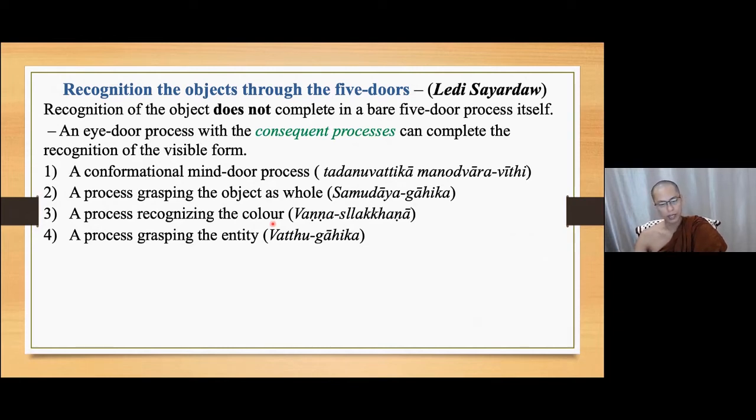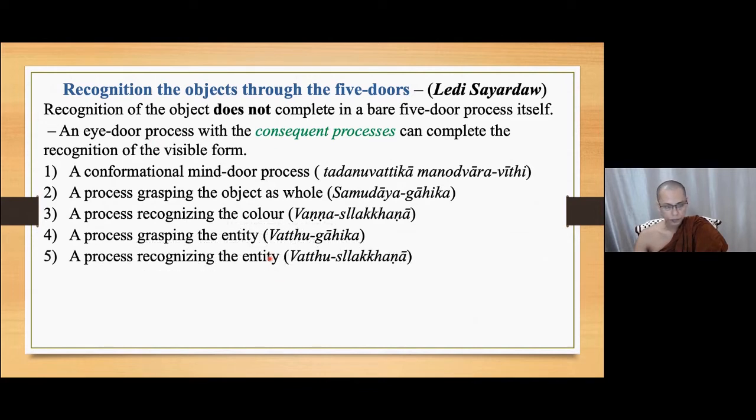Then the fourth one, the process grasping the entirety. So to touch the substance, to take the substance as object, we need another process. This is not only for the eye-door but related to all five door processes.